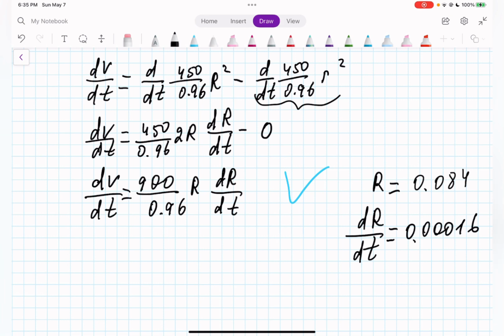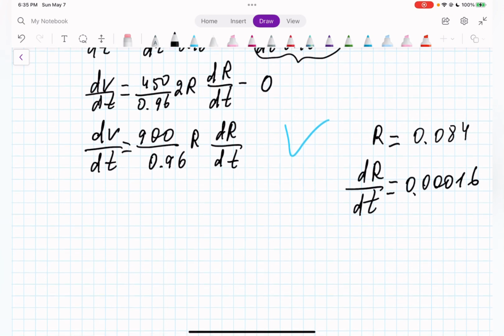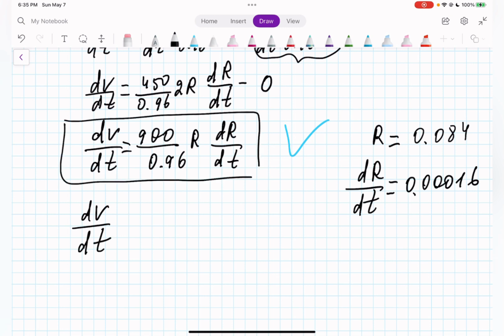So all we have to do is plug the numbers. Because we got this general formula, now it's asking a specific case. If the rate of change of radius is 0.00016, and radius is 0.084, we are going to plug in and find rate of change of v.